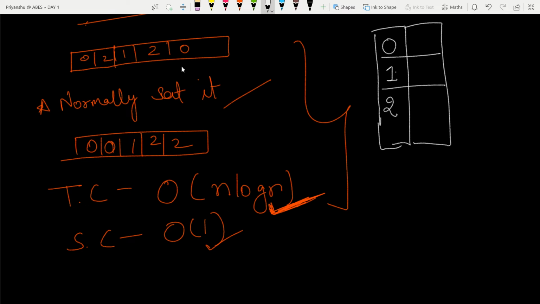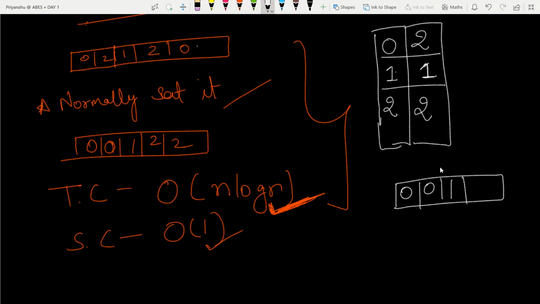So if we take the example of this array, we have two zeros, the frequency of 1 is 2, and the frequency of 2 is 2. Then in the answer array we put the two zeros, then 1, 1, and then two twos, and we pass this as the answer.